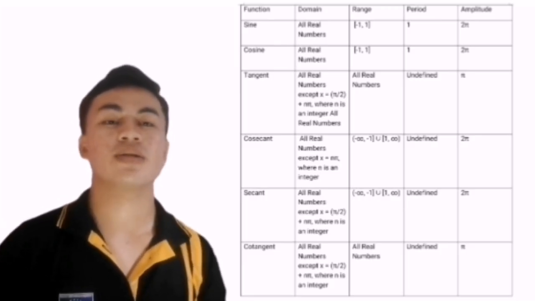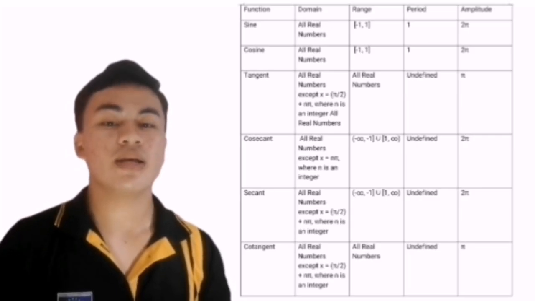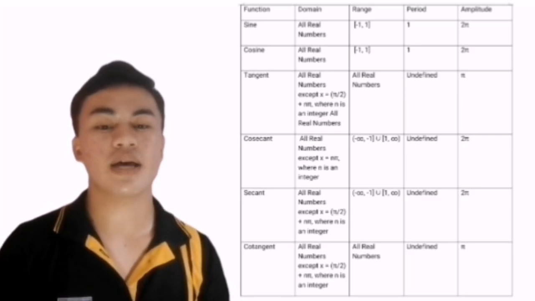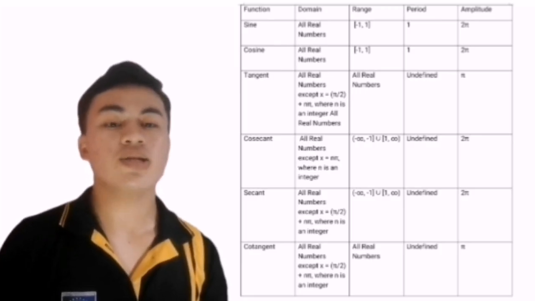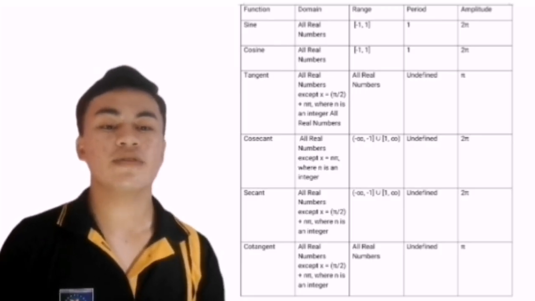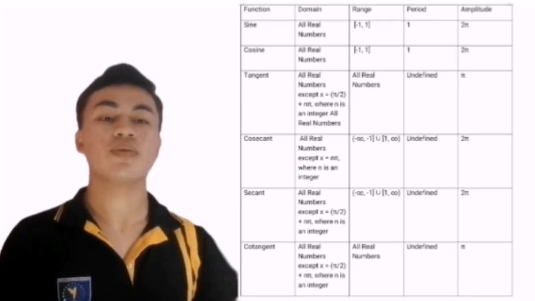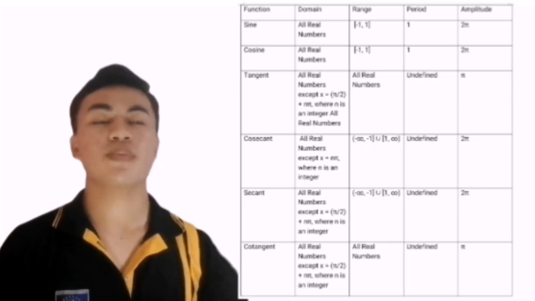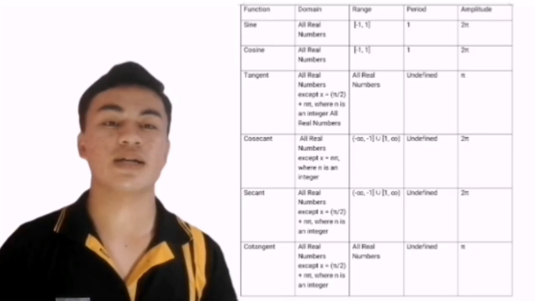Its amplitude is infinite. Cosecant, its domain is all real numbers except x equals n pi, where n is an integer. Its range is negative infinity to -1, union +1 to infinity. Its period is 2 pi and its amplitude is undefined.